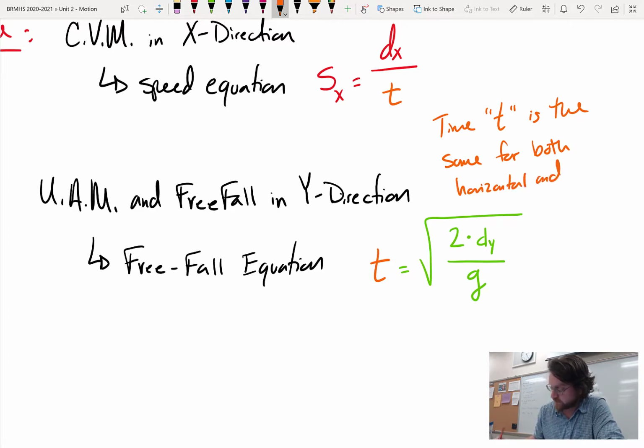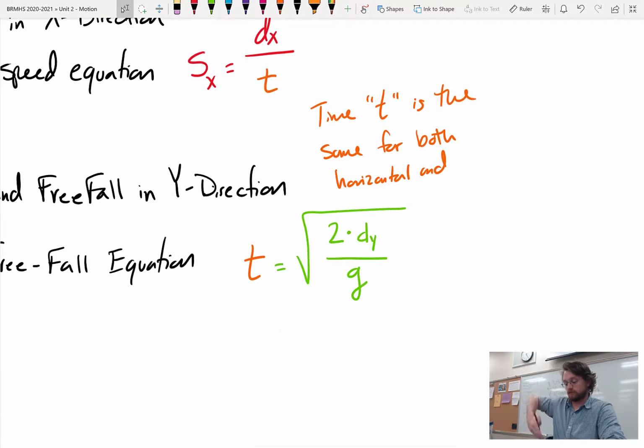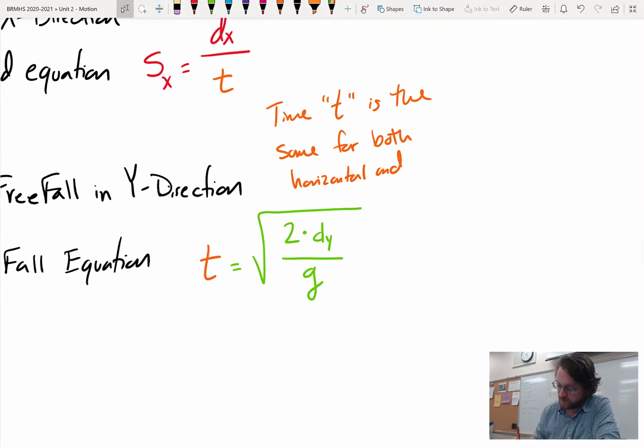So when we find the time it takes to fall vertically with our green equation, with our free fall equation, we can go and use that time for the horizontal stuff and figure out how fast it was moving or what distance it traveled horizontally. So this says same for both horizontal and vertical.